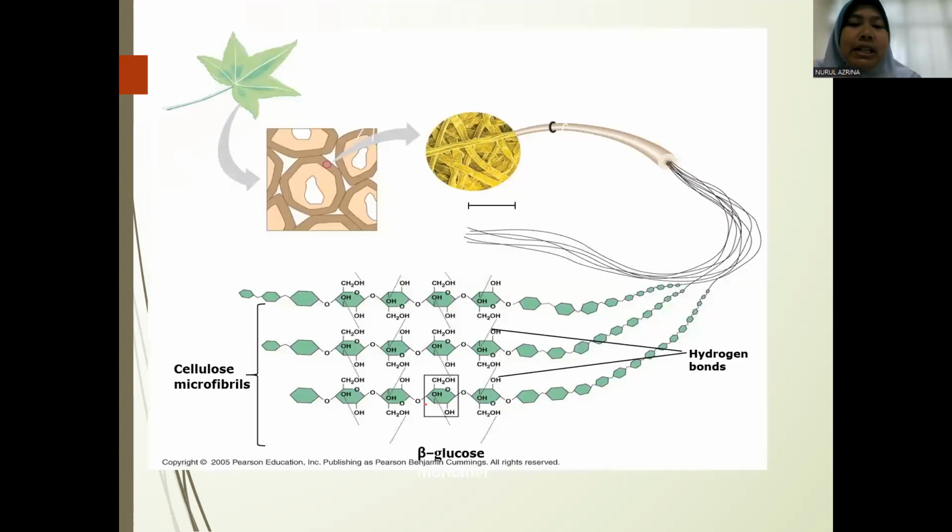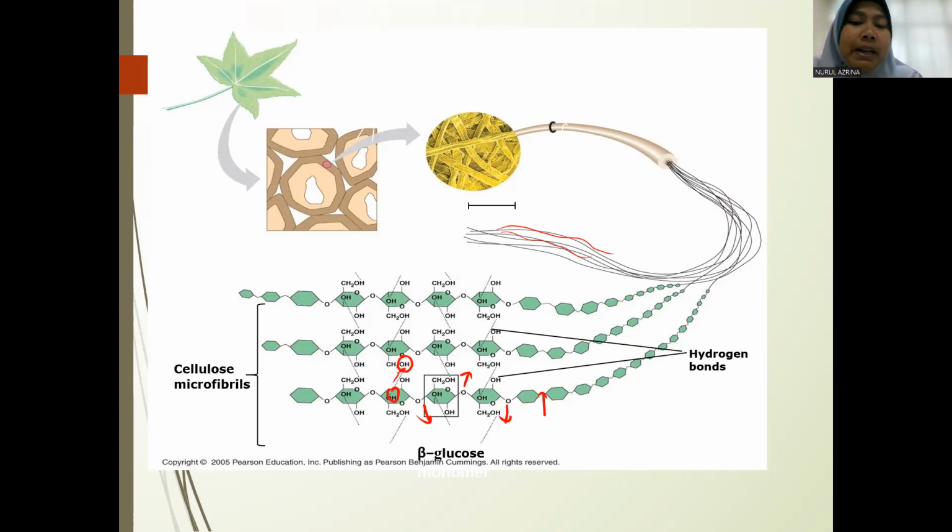Okay. So this is one, nampak ni, this is one strand, this is one strand. So if you zoom in into the strand, you nampak tak kat sini, these are all beta glucose, beta glucose, beta glucose. Kan? Perasan tak ikatan dia? Cuba tengok balik ikatan dia. Nampak tak? Ini atas, ini bawah, ini atas, ini bawah. So these are all beta 1,4 glycosidic linkage. So hydrogen atom from one strand can make hydrogen bond to another strand.